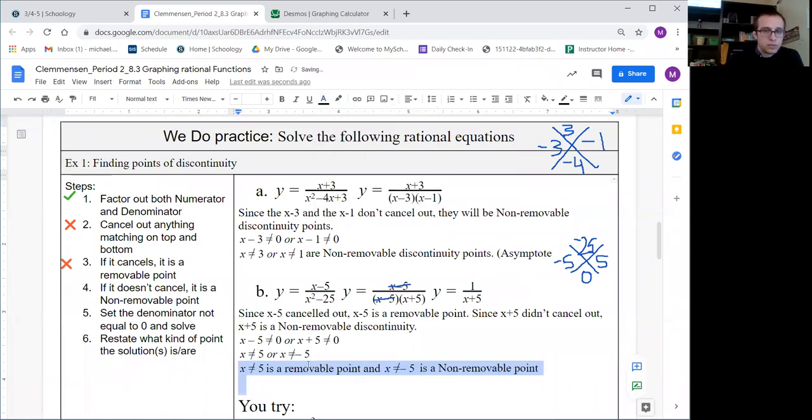X does not equal 5 is a removable point, and x equals negative 5 is a non-removable point. Are there any questions on how we did B and the factoring and the canceling before you try C down below?